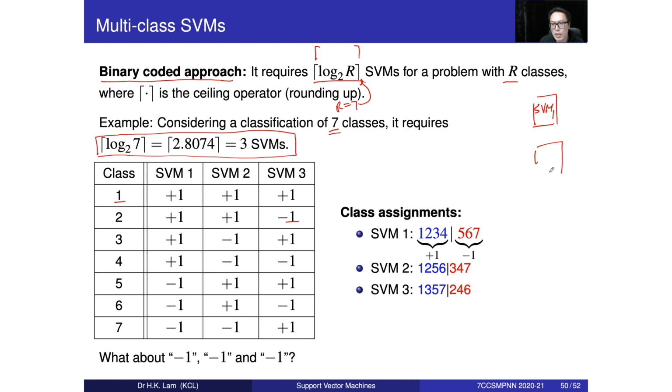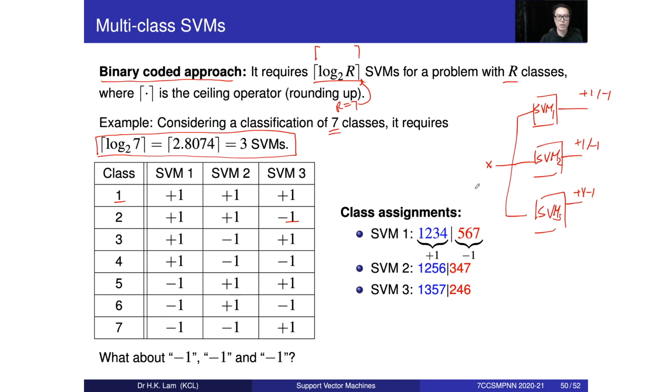So that means we are going to have SVM1, SVM2, SVM3. After we do the training, we feed X into these 3 SVMs, and each SVM will give you either +1 or -1.